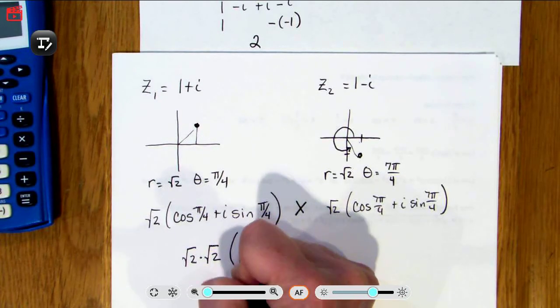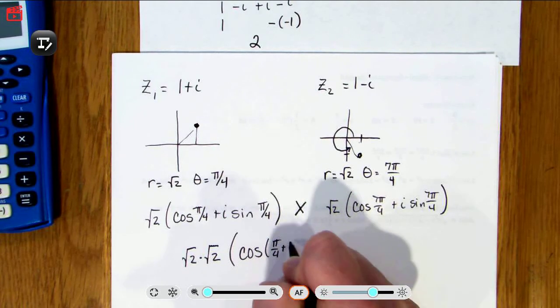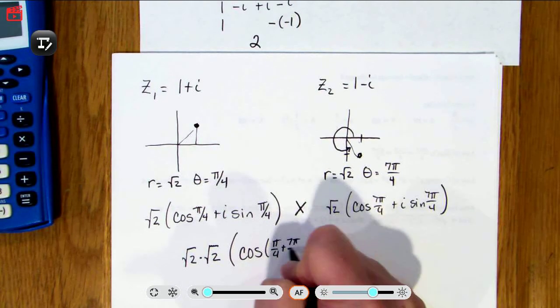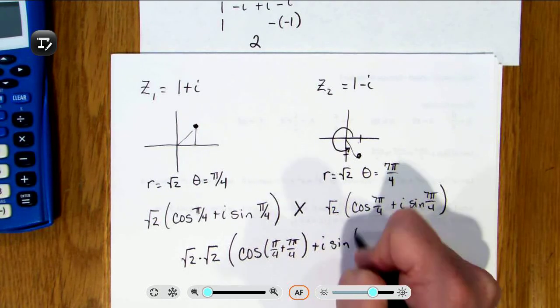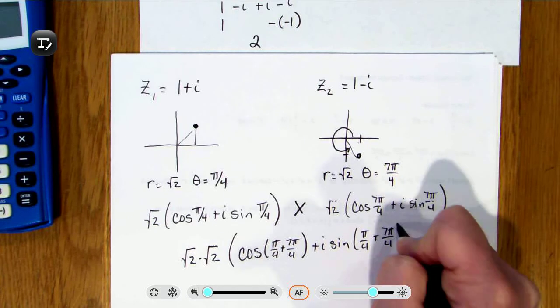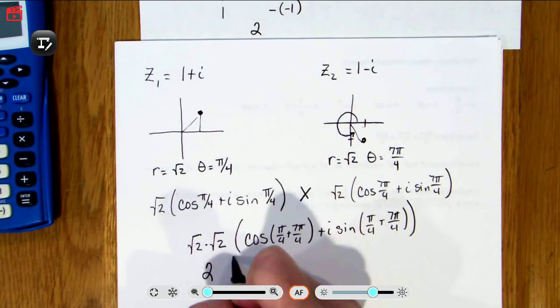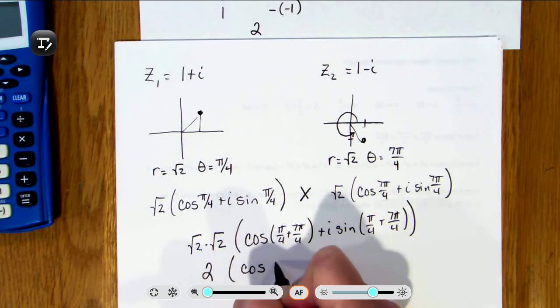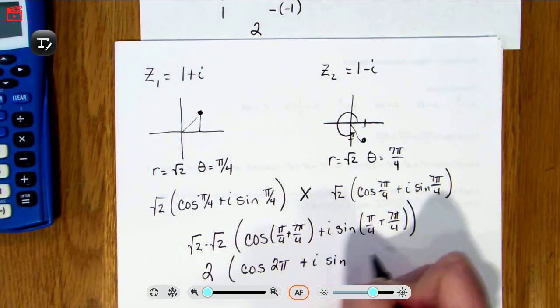So we'll have the cosine of pi over 4 plus 7 pi over 4 plus i sine pi over 4 plus 7 pi over 4. Which gives me 2 times cosine of 2 pi, because that's 8 pi over 4, plus i sine of 2 pi.